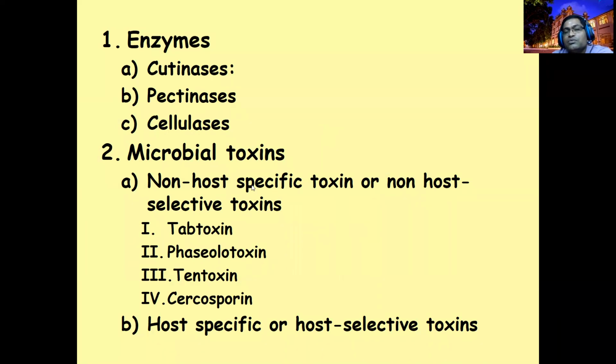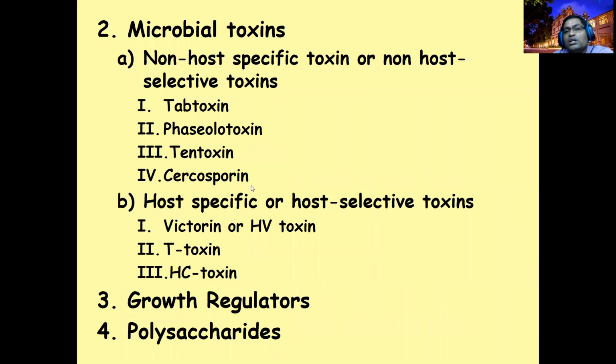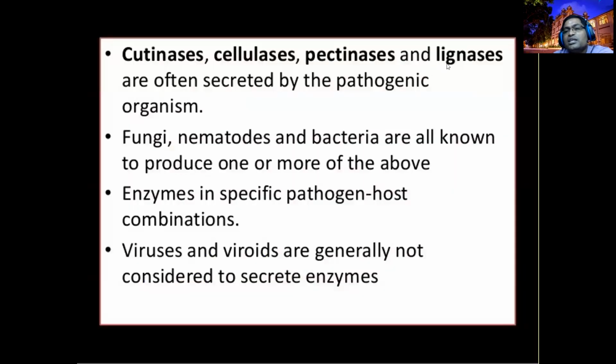These enzymes may be proteinases, pectinases, and cellulases. We will study them one by one. Cutinases, cellulases and lignases are often secreted by these plant pathogenic fungi. Nematodes and fungi also produce more. Their target is to further disintegrate the cell wall, the epidermal region and cell wall components, and the cell membrane of these plants.